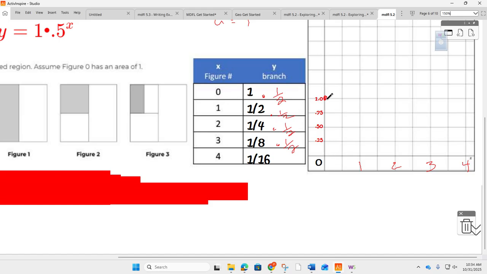Over 1, up a half, so 0.5 is the same as 1/2, right? Over 2, up a quarter, or 0.25. Over 3, up 1/8. We can put that on the calculator, but we know that it's going to be half of this, right? Over 4, up 1/16, it's going to be half again, so it's going to be about here.